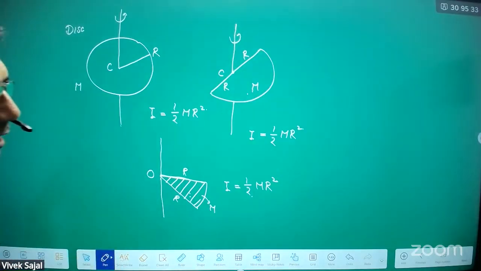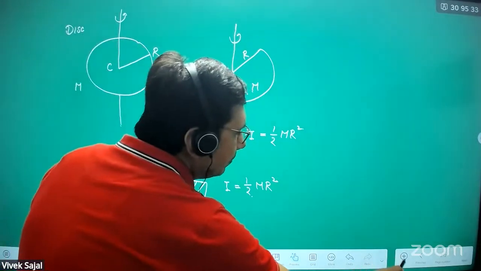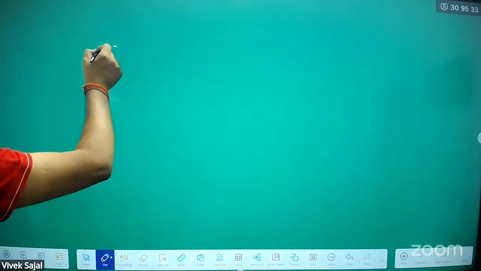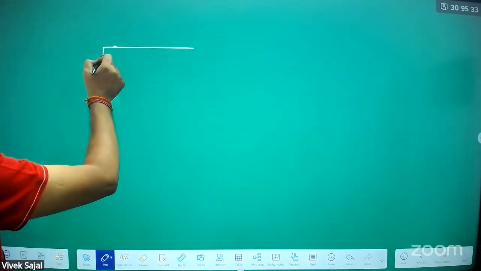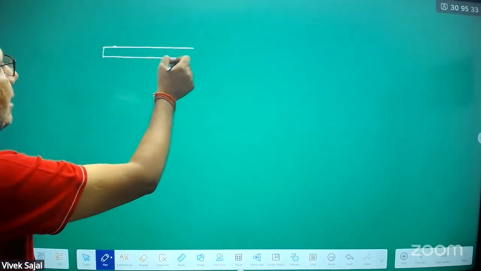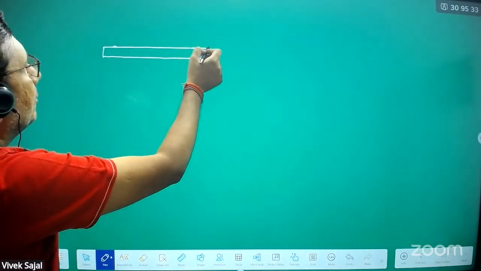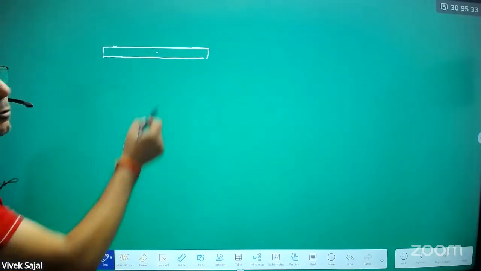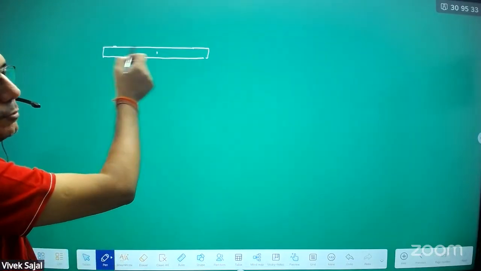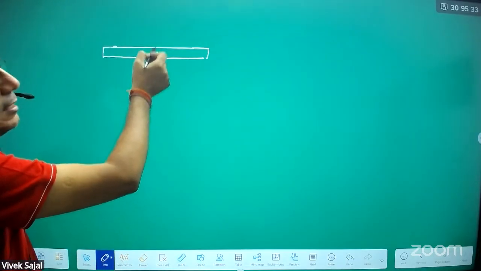After this, I have discussed the parallel axis theorem. So what the parallel axis theorem says is, if this is a rod, I have taken the example of a rod in the last class. If this is a rod, there will be its center of mass at the center of it. So at this point, at the center of the rod, there will be the center of mass.